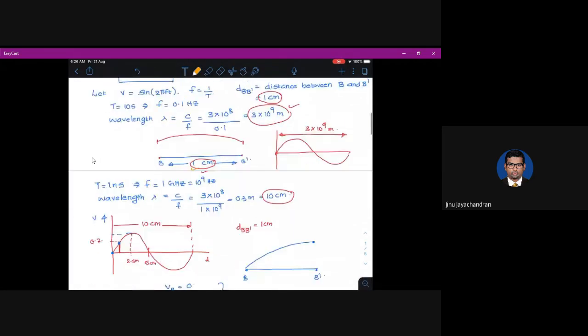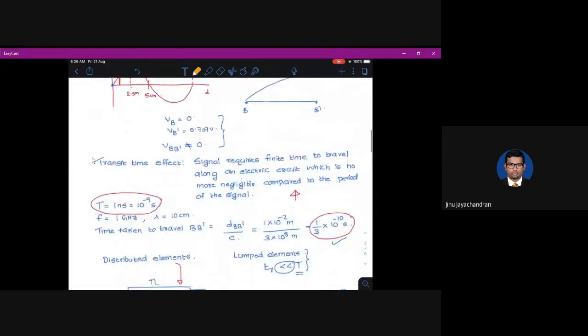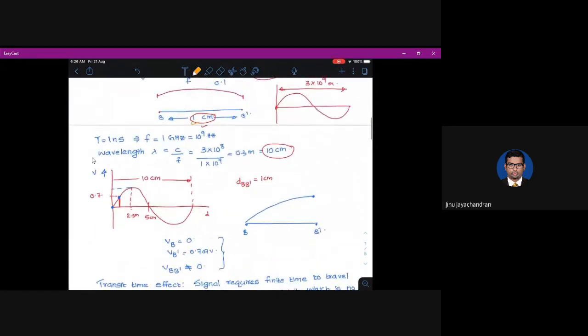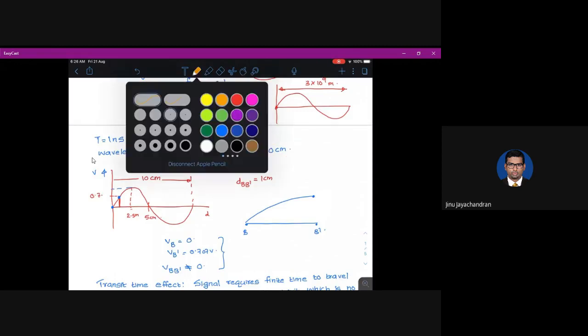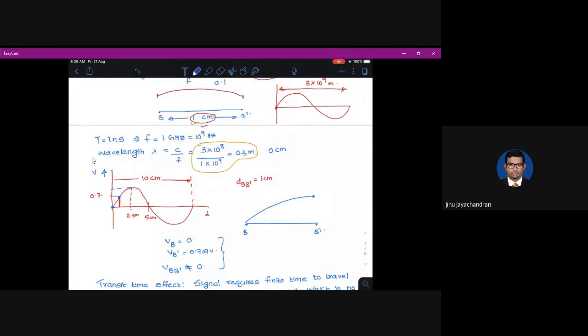And also, when I did 3 by 1 here, I have put as 0.1, it should be 0.3. And so basically, this should be 30 centimeter. Okay, there is one more correction. So let me change that. So this is 30 centimeter.